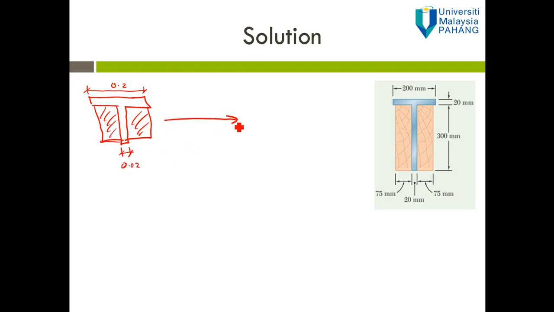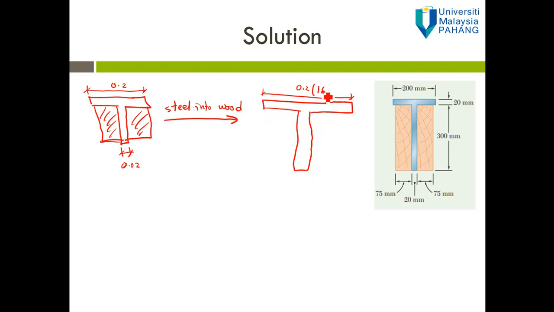We transform steel into wood, so the width of the steel must be multiplied by the transformation factor N. This distance becomes 0.2 times 16.